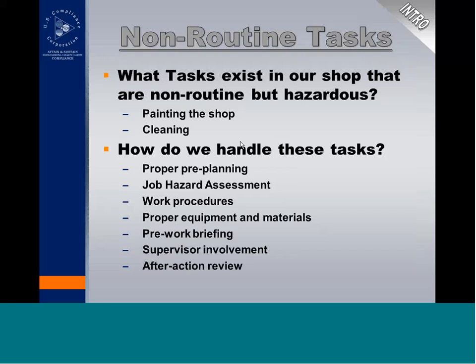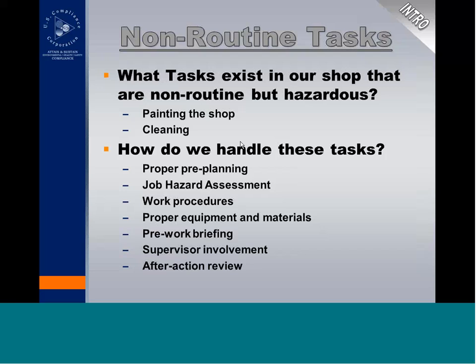Some ways that we can reduce the risk associated with performing a non-routine task include planning out the job, performing an assessment of the hazards of that task, referencing work procedures that may already be in place, such as lockout/tagout protocol, utilizing the proper equipment and materials for the job, as opposed to utilizing makeshift equipment that may not really be designed for the purpose that we're using it for, briefing employees prior to starting work, getting supervisors involved.